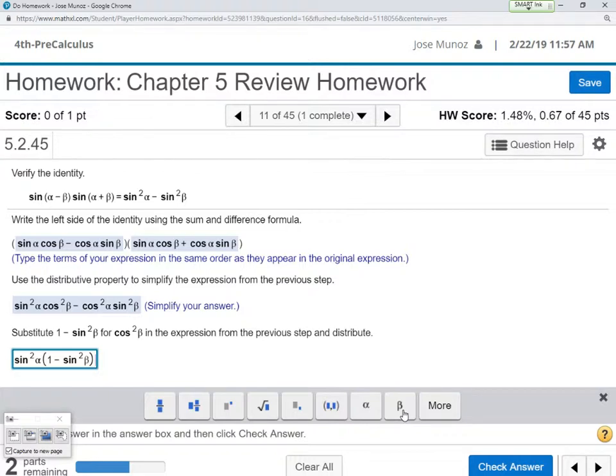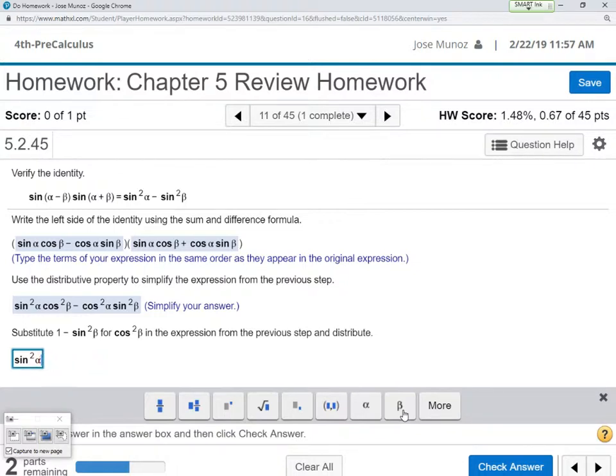Does that make sense? If I distribute this to both of these, that would give me sine square alpha, and then when I multiply here, I would get sine square alpha times sine square beta. So yeah, we need to rewrite that.